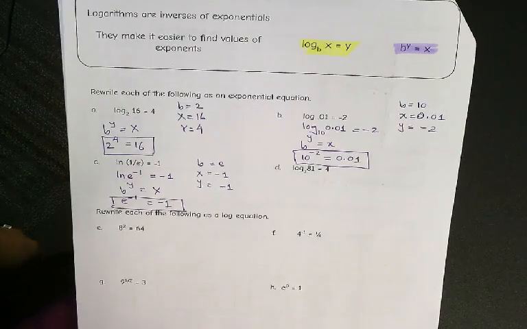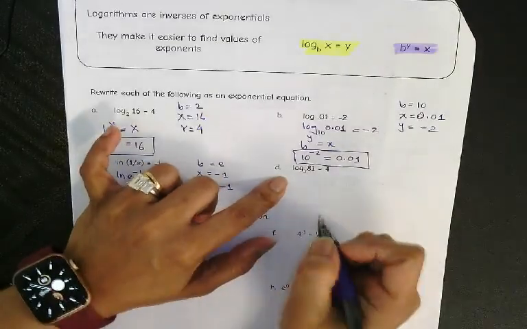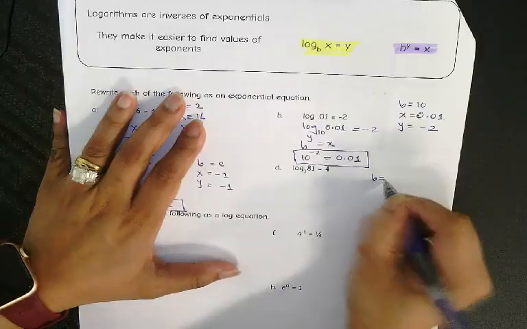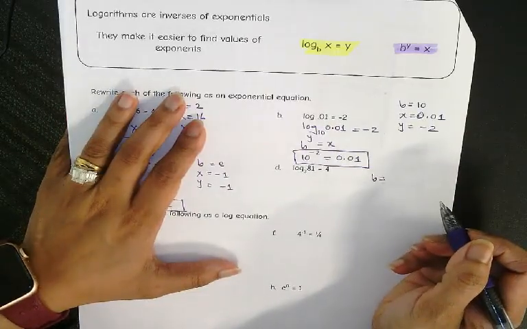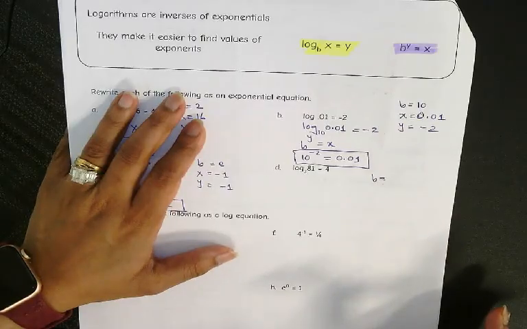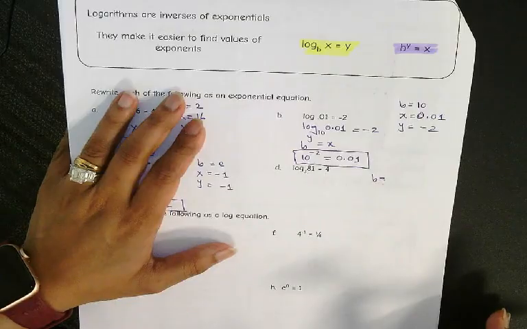Done? Jason, tell me, what can I do over here? What's my b value? So far, what are we doing? Are you sure?